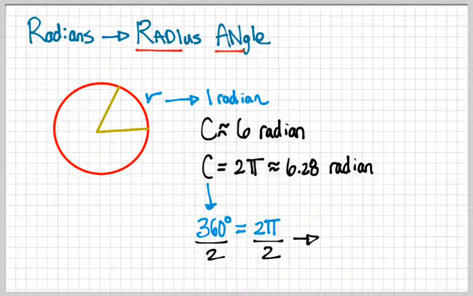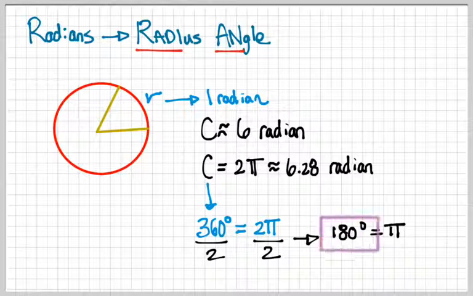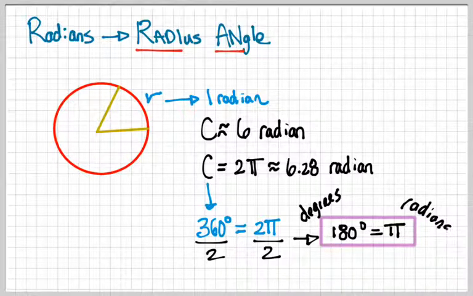When you do that, you end up getting 180 equals pi. And this is the important equation we'll need to translate between radians and degrees. So we can think of 180 as my degrees is equal to pi, which is our radians. And we're going to use this relationship to help us convert between the two.